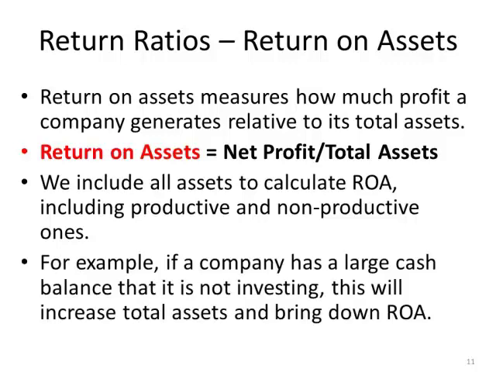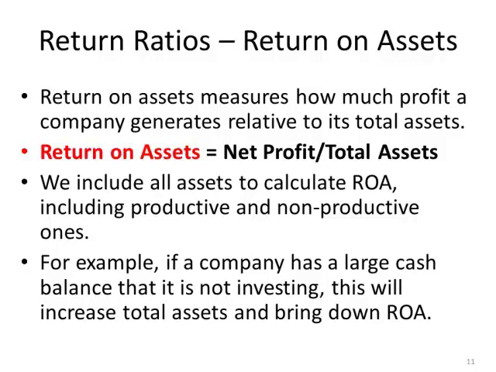So what is something that could affect the ROA? Well, suppose, for example, a company has a very large cash balance that it isn't using towards anything. That cash balance is not being invested, or it's not being used in order to generate profits. They're simply holding the cash. Well, then this would bring down return on assets, right? Because we know that cash is an asset, and if the asset is not doing anything, essentially we're just adding to the total assets, and it's not necessarily impacting the net profit.